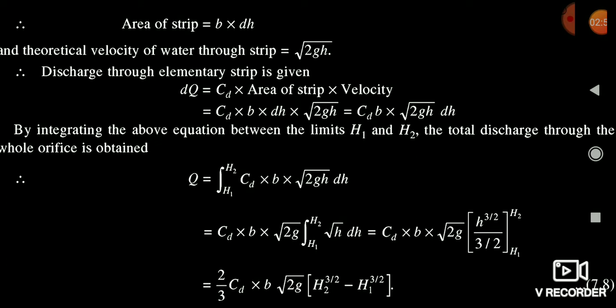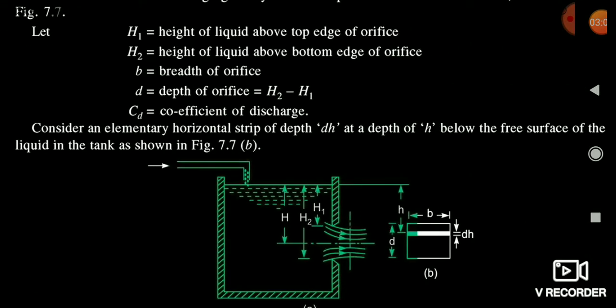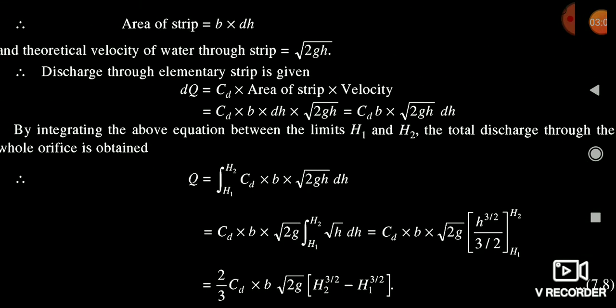When you integrate with limits from h1 to h2, you get 2 by 3 into Cd into b into root under 2g into (h2 to the power 3 by 2 minus h1 to the power 3 by 2).